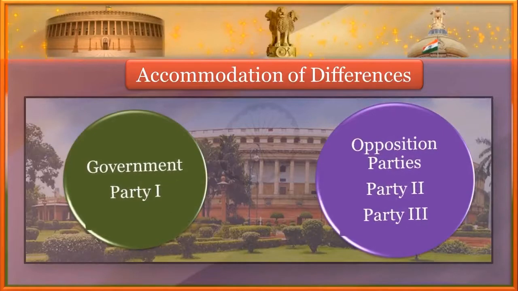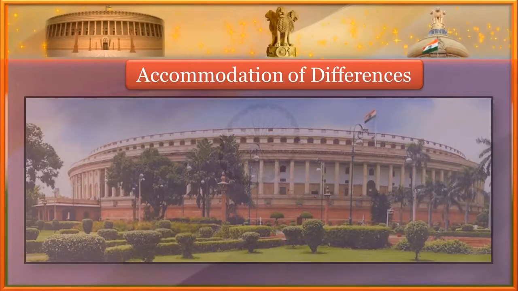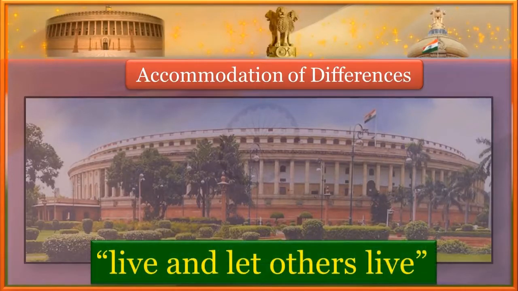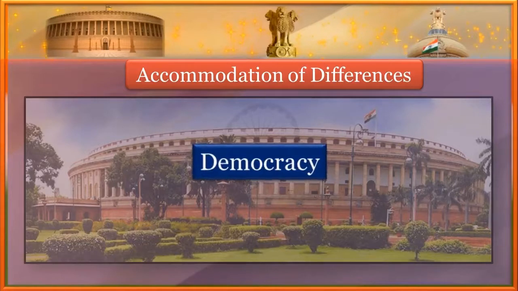Differences, if any, between the majority and the minority, or between the government and the opposition, are settled amicably. The golden rule of live and let others live is mostly followed in a democracy. That is why democracy has become very popular in the modern world.